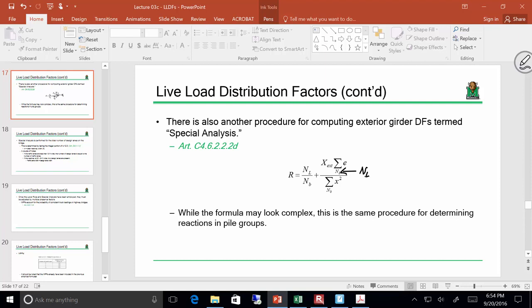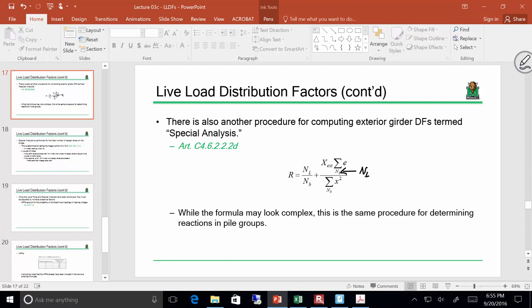Here was the point I was making, so this is why this is valid. The number of beams doesn't change each time you do structural analysis. It's still 4 beams. This external center of gravity distance doesn't change. It's still 15 feet. This quantity doesn't change either. That's essentially an effective moment of inertia of the girders, 500 square feet. What is going to change is the number of lanes and this eccentricity distance.